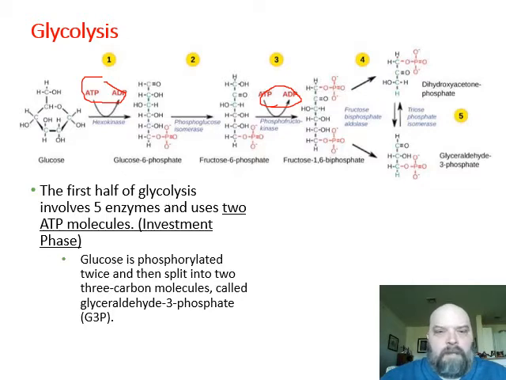Now, I have a problem with this figure. Because remember I told you everything in the cell is happening in water. It's an aqueous solution. And if you take sugars, they're not the straight chain as it's drawn here. That only happens up in chemistry, so chances are this was drawn by a biochemist.